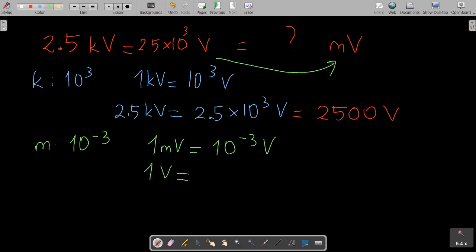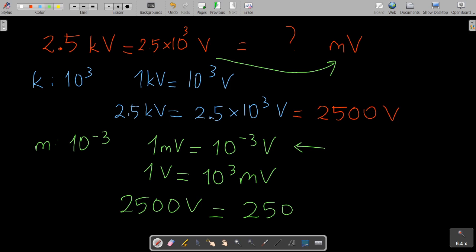We said that we are just taking this equation and inversing everything. Sorry, millivolts. So if I know that 1 volt is 10 to the power 3 millivolts, and I have 2500 volts, I will just multiply it with 10 to the power 3 and get the millivolt.